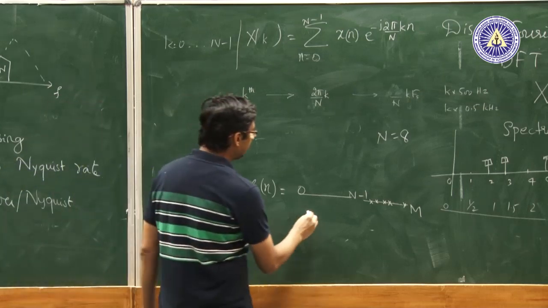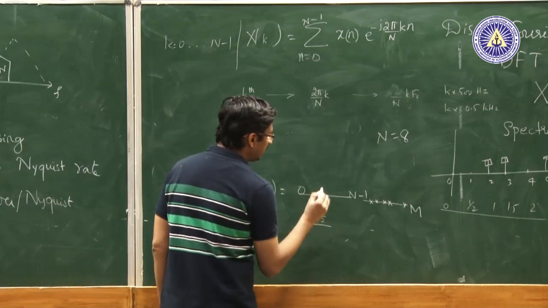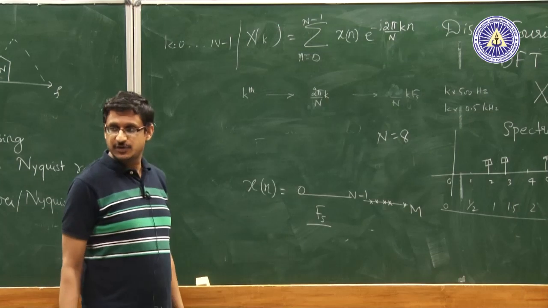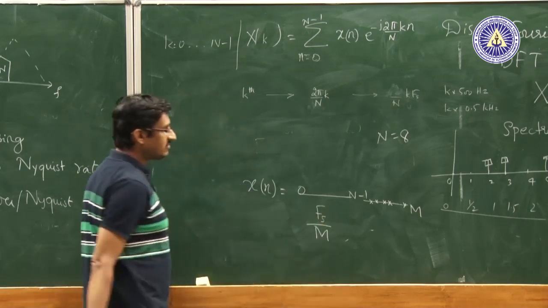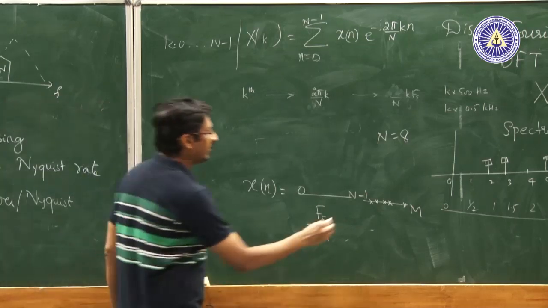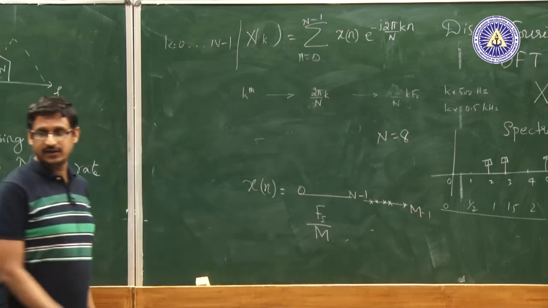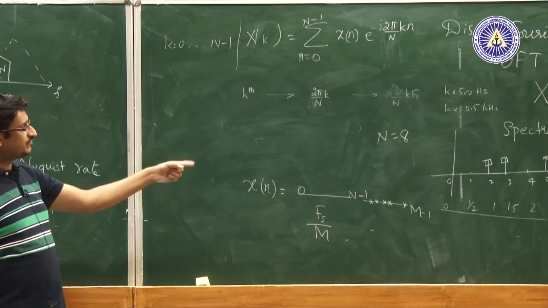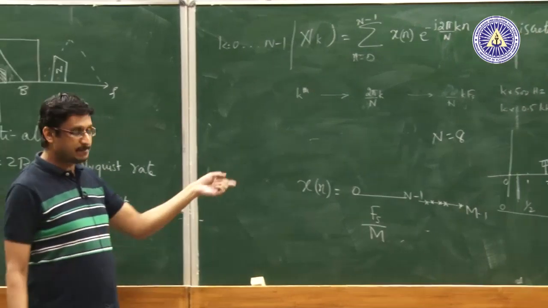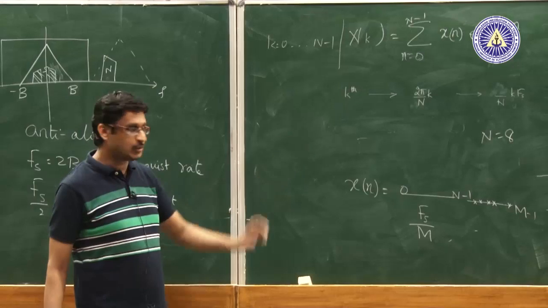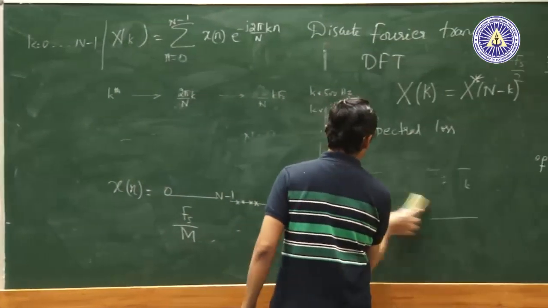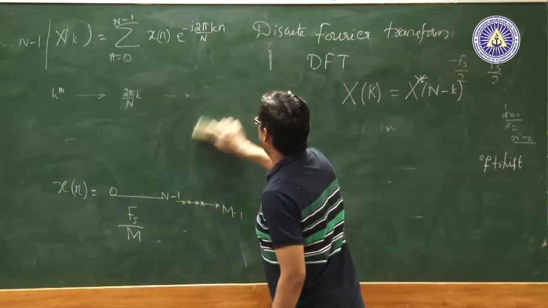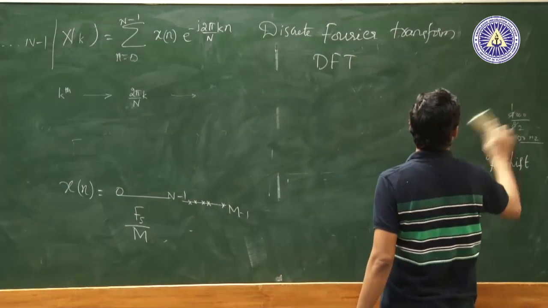Now what will happen to my frequency resolution? It now becomes Fs by M, where M is greater than N. My original range was 0 to N minus 1. What do you think will happen to the expression of X of k?